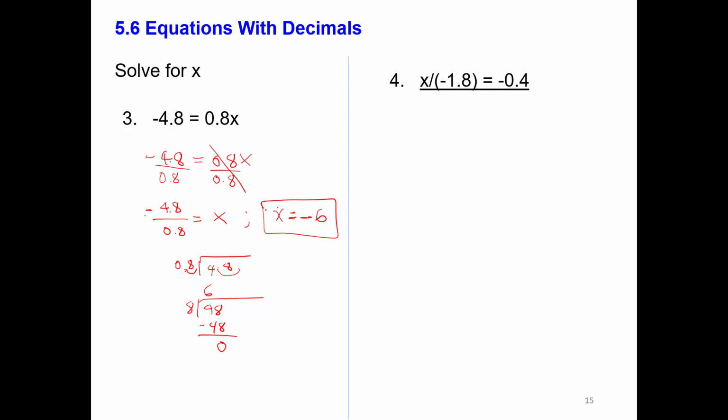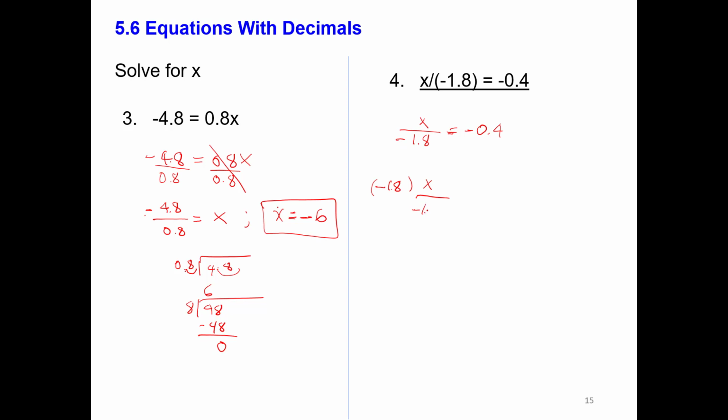The next problem: we have x divided by negative 1.8 equals negative 0.4. We need to solve for x. We need to get x by itself. Because x is divided by negative 1.8, we need to multiply by negative 1.8 on both sides.